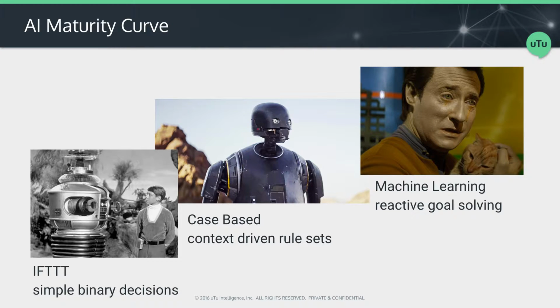In that case we're talking about something more case-based or context-based reasoning, all the way up to machine learning, where it's literally starting to solve and optimize for itself. In this case, Data, from Star Trek fame, where it starts to achieve an emotional type connection. So again, if-then to case-based up to machine learning is a maturity curve around how the AI can function.